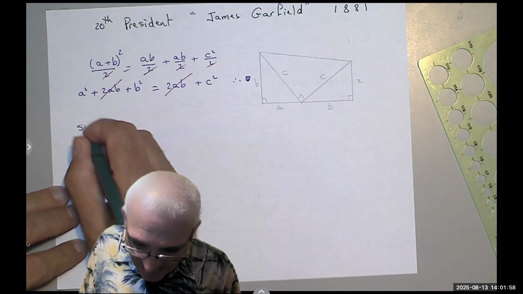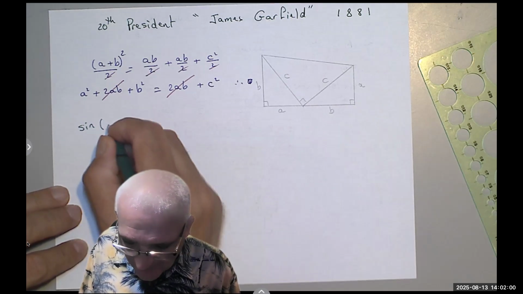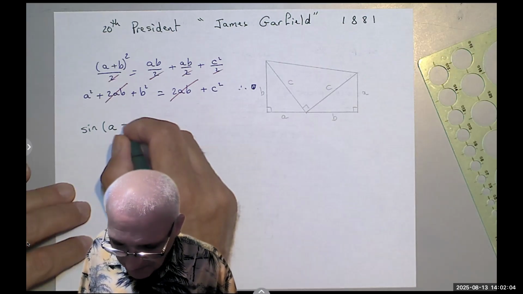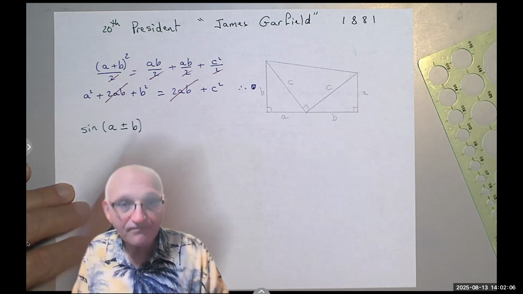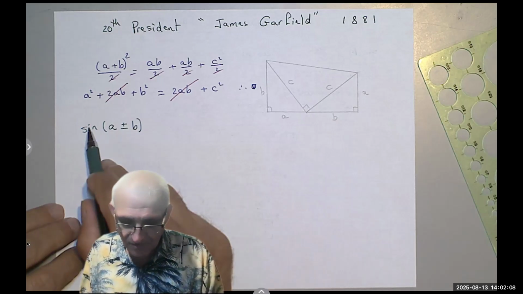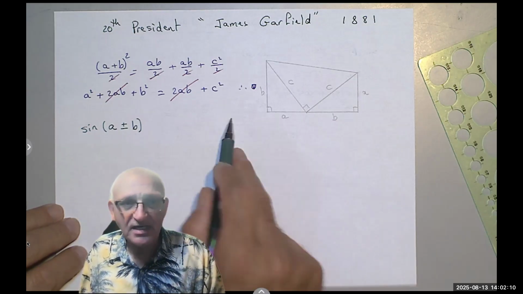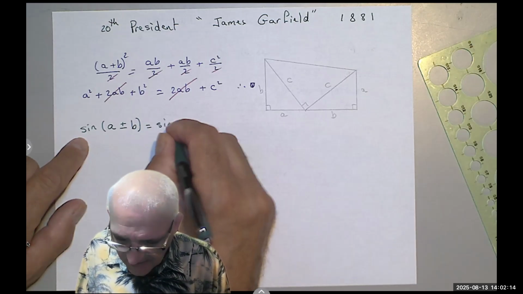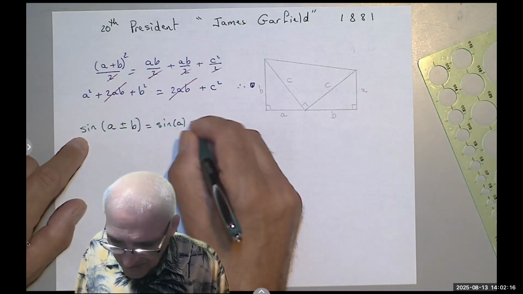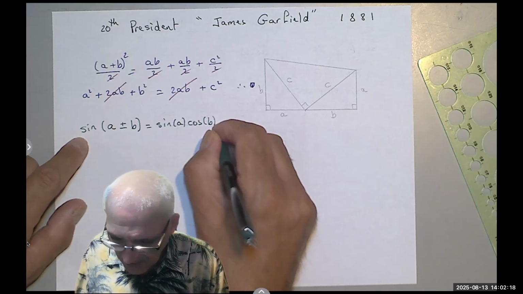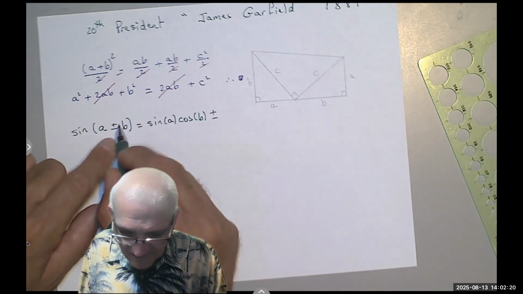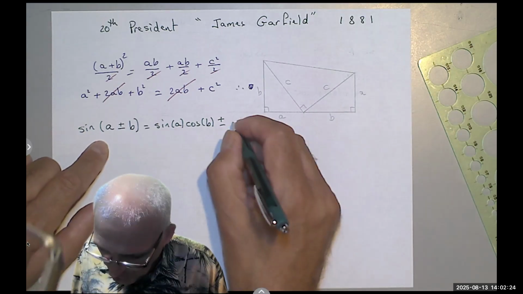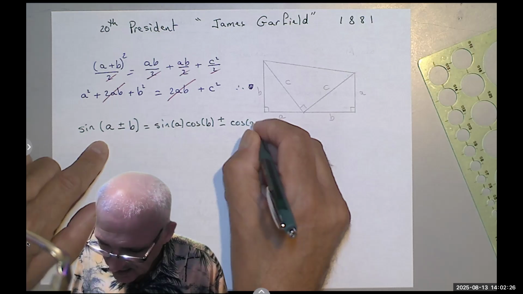If you add the sine of 2 angles, like angle A and angle B, so let's say sine of A plus or minus B. I'm going to write on the top sine A plus B and below it sine A minus B. It's sine A cosine B plus or minus, meaning if it's A plus B, you add. If it's A minus B, you subtract cosine A sine B.